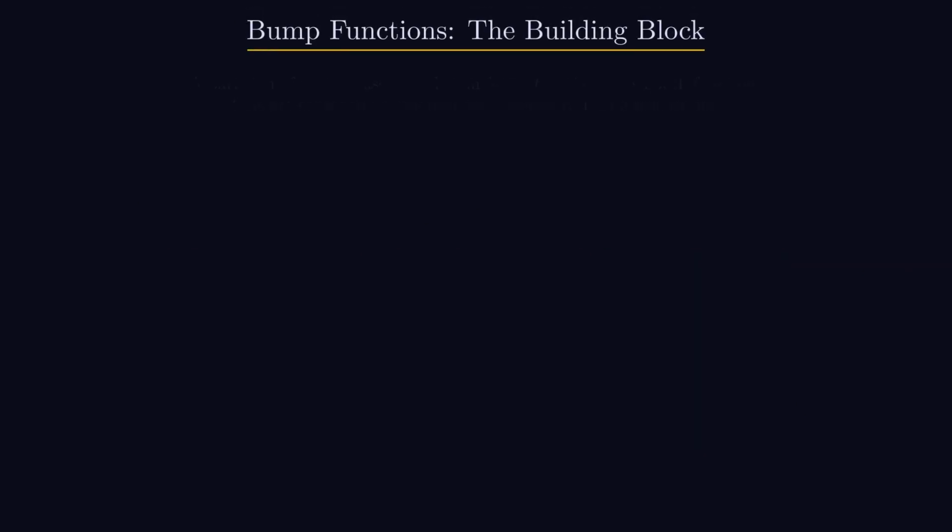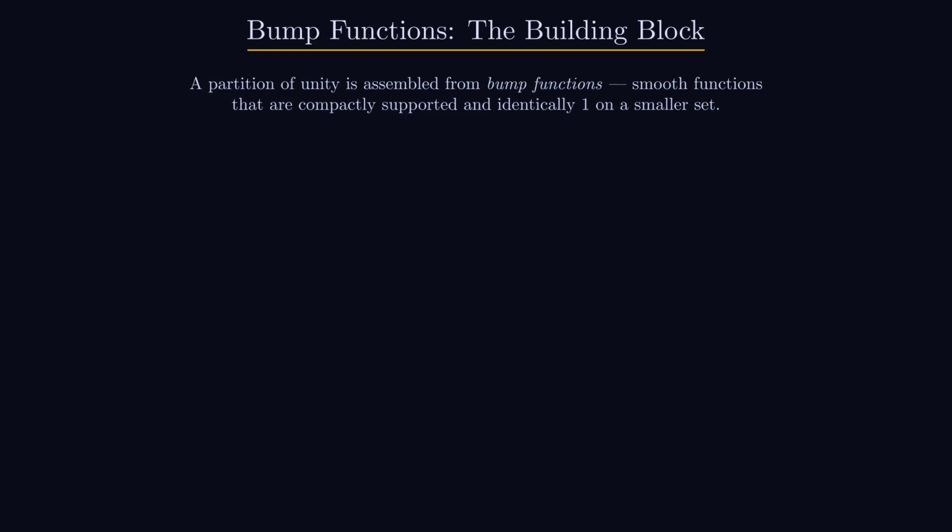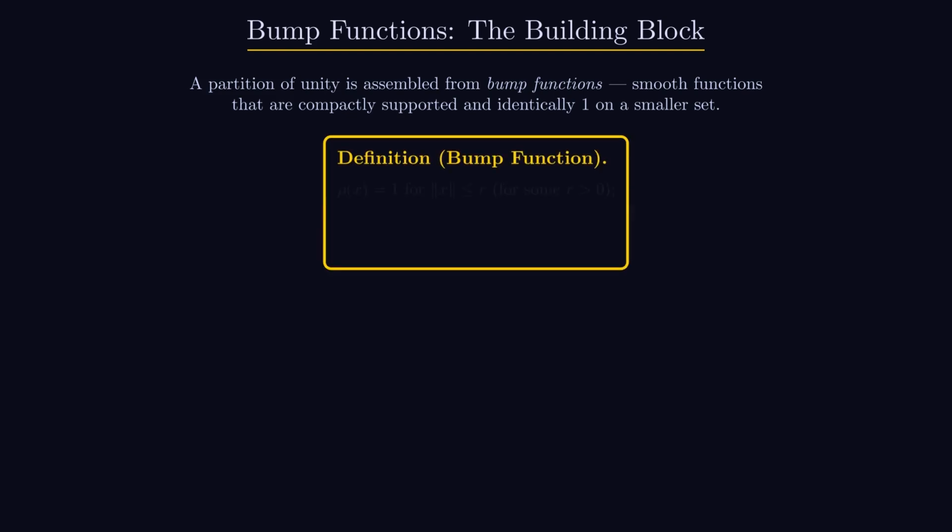A partition of unity is assembled from bump functions, smooth functions that are compactly supported and identically 1 on a smaller inner set. Mathematically, we define a bump function ρ to be exactly 1 inside some radius r. It then drops off until it hits exactly 0 outside a larger radius capital R, keeping its value smoothly bounded between 0 and 1 everywhere in between.